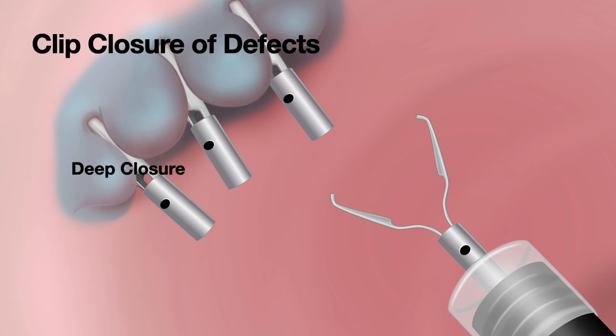Another concept is when you close the clip, close slowly so that the endoscopist has time to compensate for the clip retraction by gently moving forwards the scope or gently pushing the clip forwards so as to achieve deep closure.